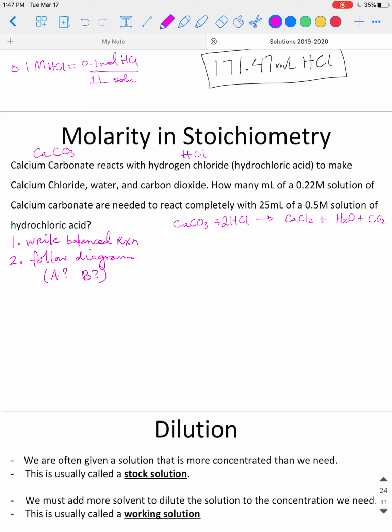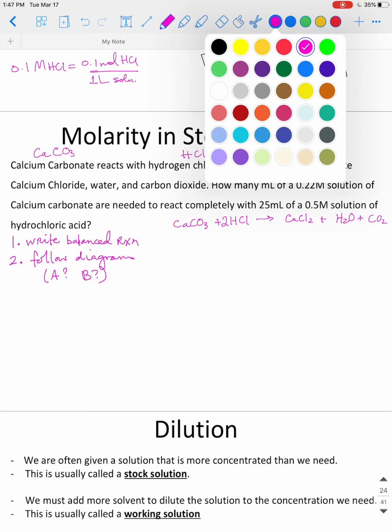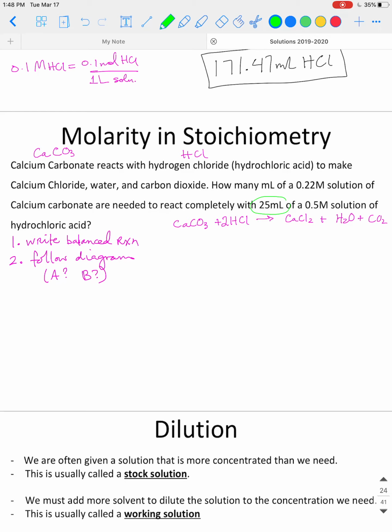So first we wrote our balanced reaction. Now step 2, let's identify what is substance A and what is substance B. Well, we are given a volume of hydrochloric acid, and I'm going to circle that in bright green right here. 25 milliliters, and there's our molarity of a solution of HCl.